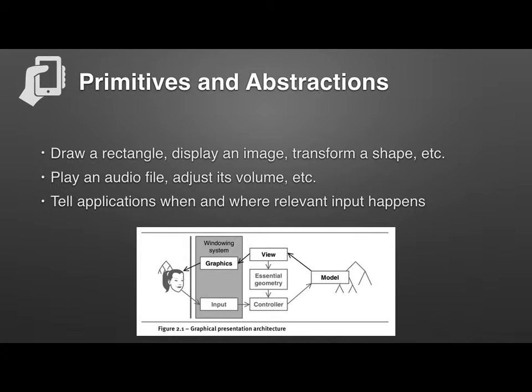So as we've moved away from just pixel manipulation, one of the first things that's done in an operating system, or in the graphics component of an operating system, or in just dedicated hardware, is to provide primitives and abstractions. So we don't want to have to write our own algorithms and methods for drawing a line or a rectangle or even putting an image on the screen. And so those things come to us with the systems that we work with.